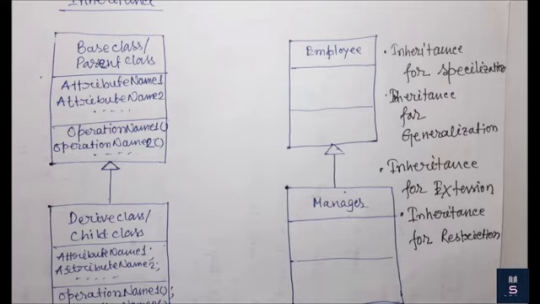For example, an existing class library provides a double-ended queue, where elements can be added or removed from either end of the queue, but the programmer wishes to write a stack class enforcing the property that elements can be added or removed from only one end of the stack. So in my derived class I am providing a restriction. I am not implementing all those things as they are, but I am providing some restriction to my child class. So that is inheritance for restriction.